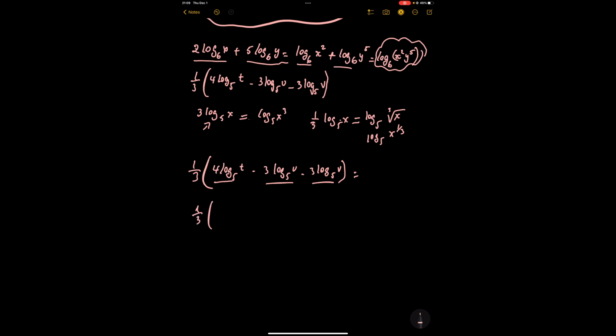We have 4 log 5 t, which will be equal to log 5 t to the power of 4, right? Minus log 5 u to the power of 3 minus log 5 v to the power of 3. Okay? We're going to move on.